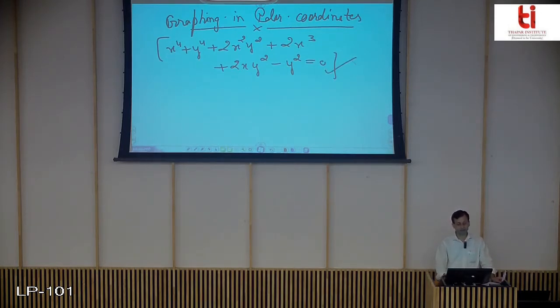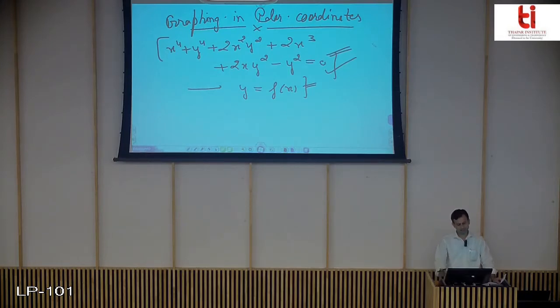Now you can see, looking at the curve given in this form, it looks very difficult to plot. Why? Because first of all, it is not given in the form we know how to plot, y equals f(x). This given expression of the curve is not in explicit form. It is given in implicit form.